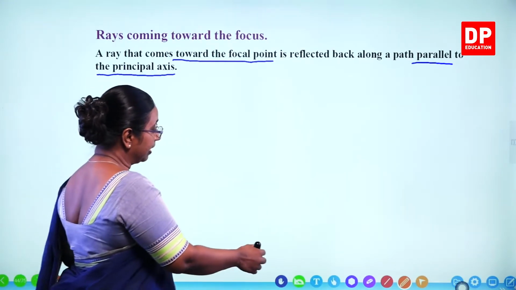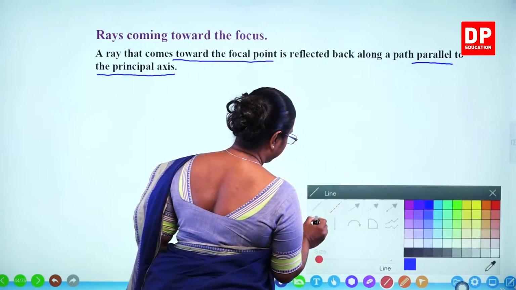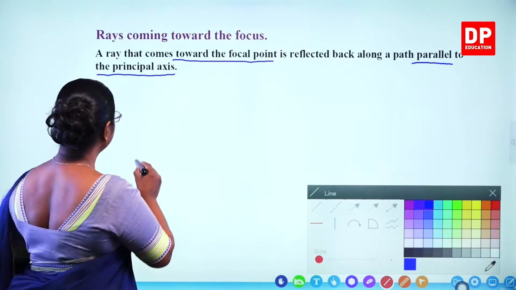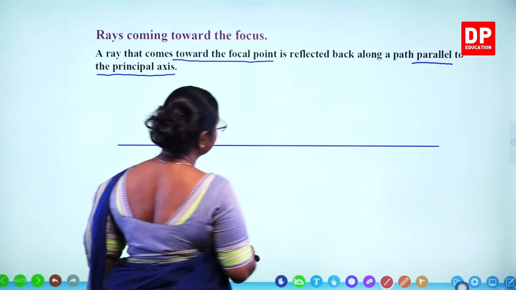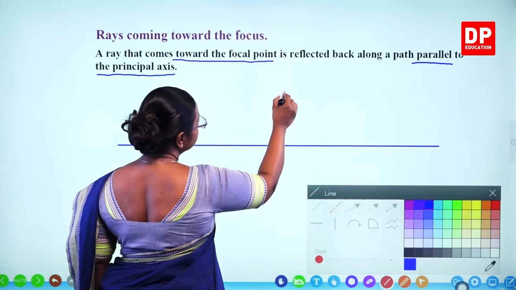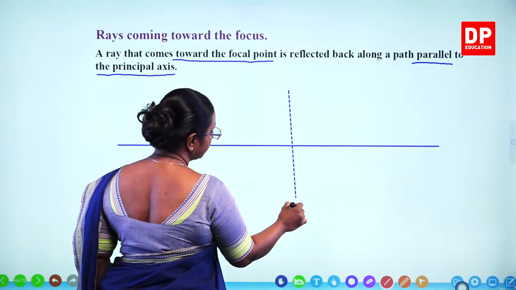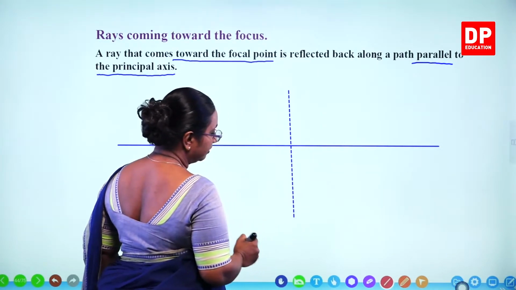So, now we will show that in a diagrammatic form. Now, you all are very familiar with drawing these diagrams. You draw the principal axis, then you have to show the rays. Before you show the rays, you need to have the mirror.